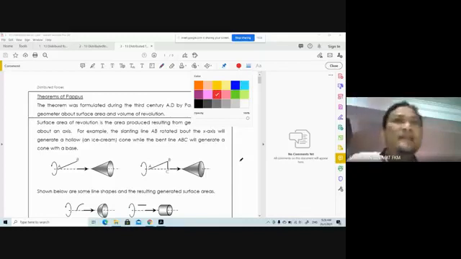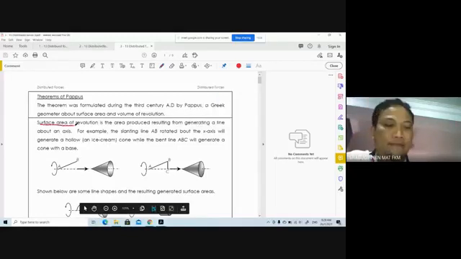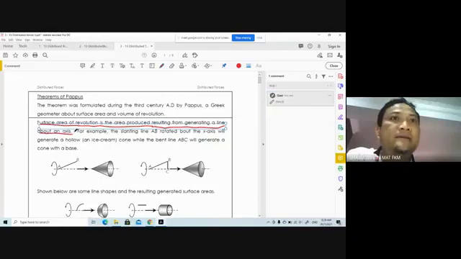It says surface area of revolution is the area produced by revolving a generating line about an axis.